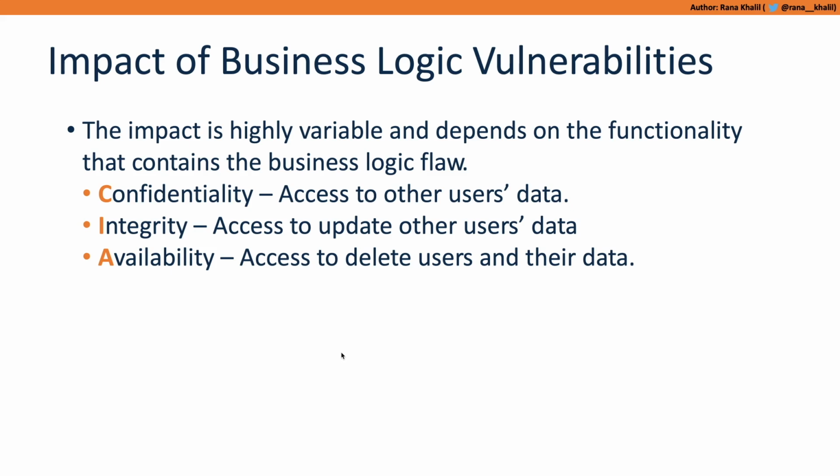We saw in the change password example, where you could change arbitrary users' passwords and so compromise users' accounts. In that case, confidentiality, integrity, and availability would be all high, whereas in other cases, it might just affect one component of the CIA triad. So, really, there's no generalization when it comes to the impact of business logic vulnerabilities.